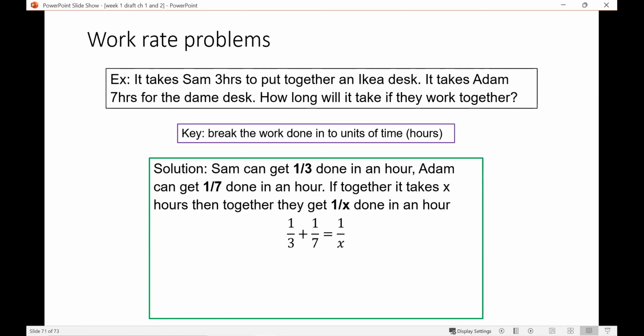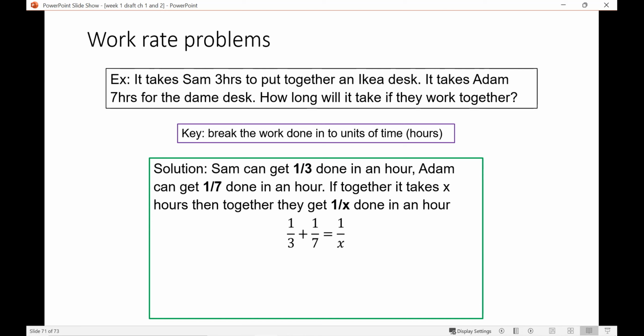Then if they work for an hour, they're going to get 1/20 of the desk done. So that's where this x comes in. X is the total hours, but the fraction of the desk that they get completed in the first hour is going to be 1/x. So we can set up our equation 1/3 plus 1/7 equals 1/x, where x is the total hours it will take them if they work together.